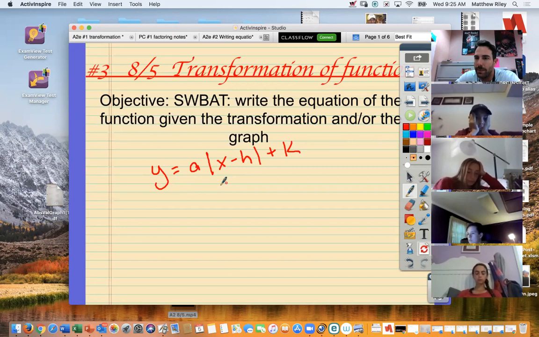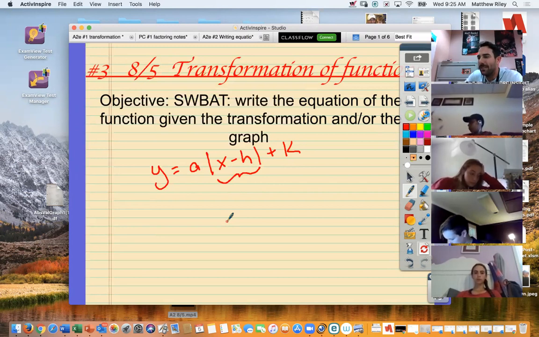Can somebody tell me what does the value of h do? Anybody want to volunteer, or should I cold call? It makes it go left or right. Exactly. So whatever you're adding or subtracting in the absolute values, make sure that it goes left or right.